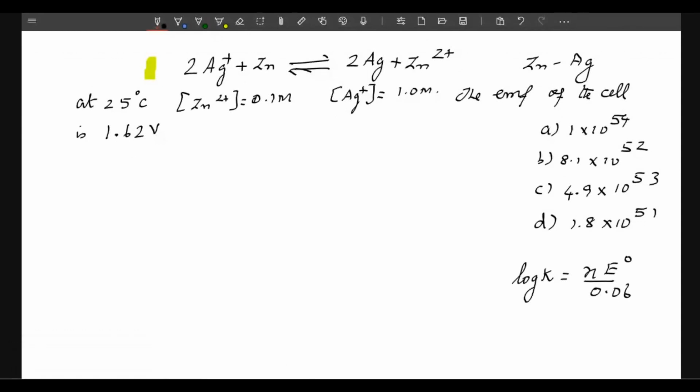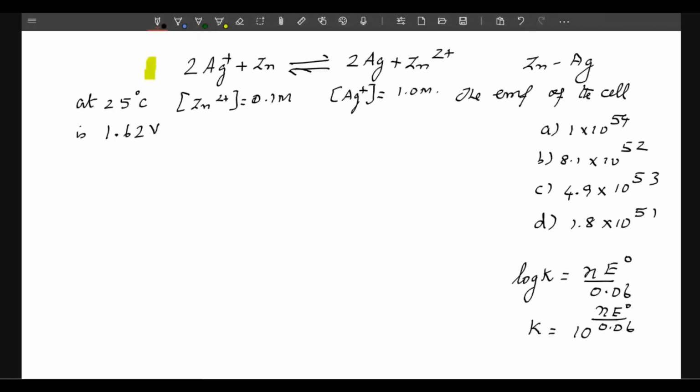This is for getting the numerical value. After arriving at that, you have to find the anti-log. If it is given in terms of power of 10, then K is equal to 10 power nE naught by 0.06. Any one method you can use.